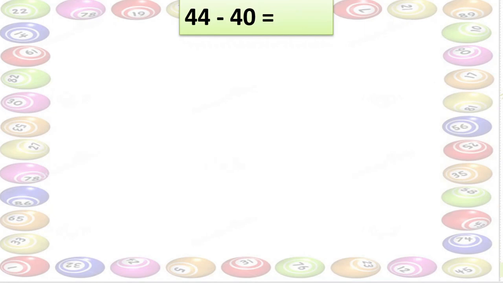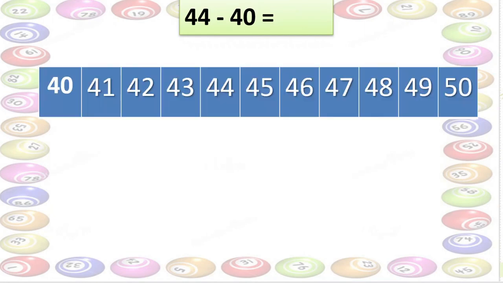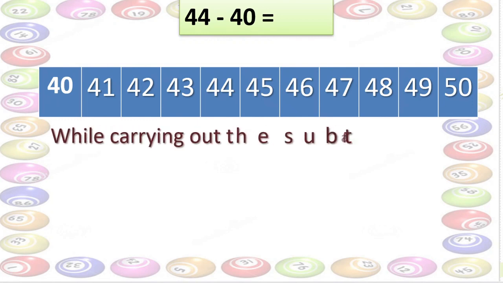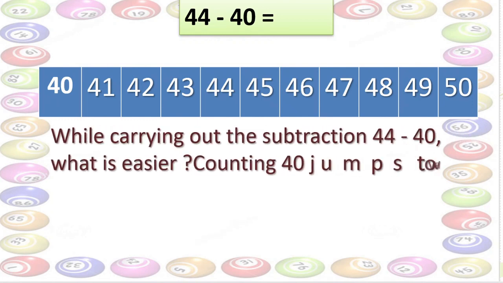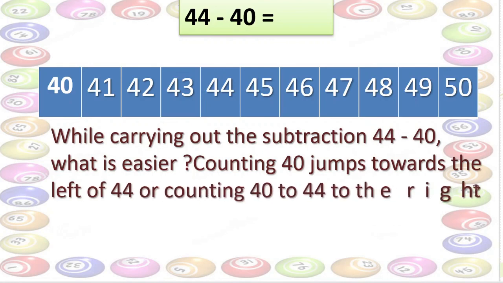Now 44 minus 40. Again see. While carrying out the subtraction 44 minus 40, what is easier? Counting 40 jumps towards the left of 44 or counting 40 to 44 to the right? Yes, counting backward is easier or counting forward is easier?